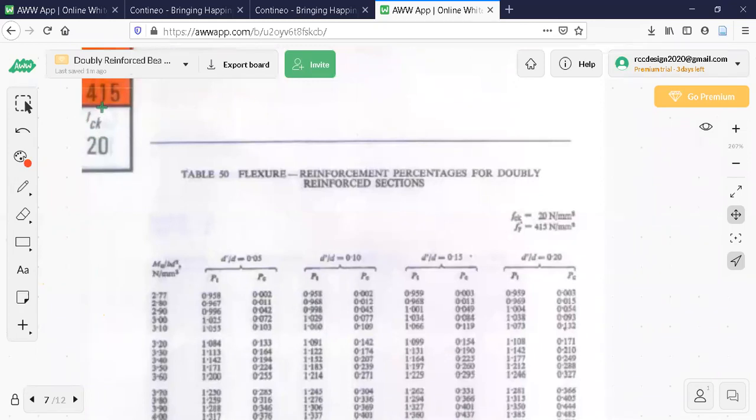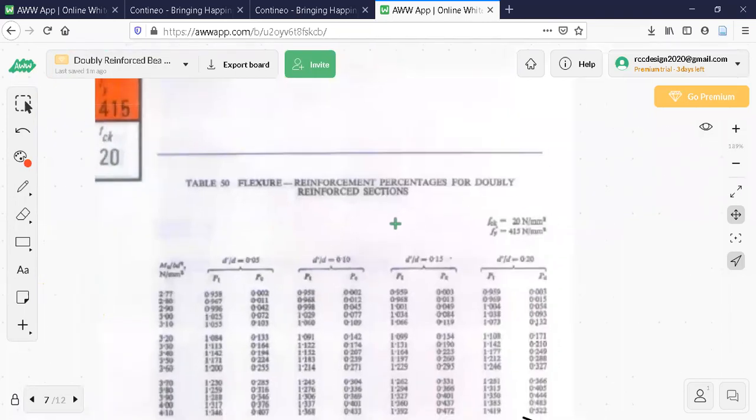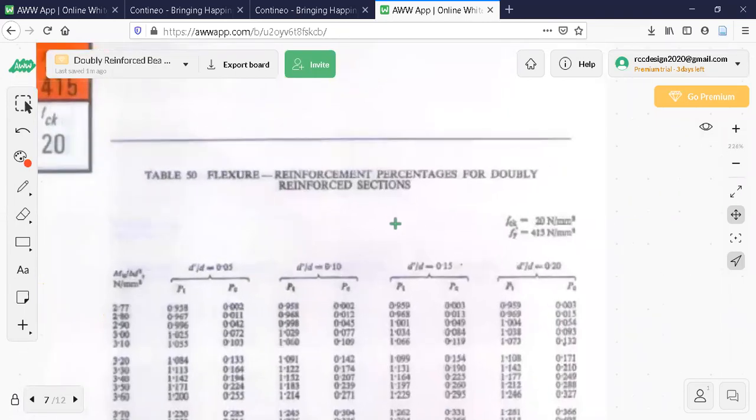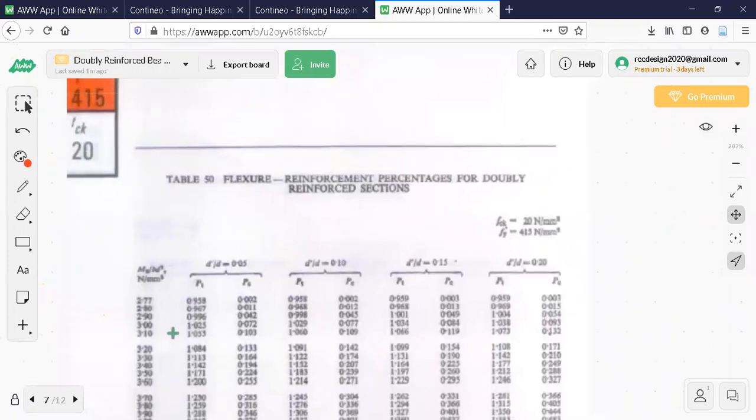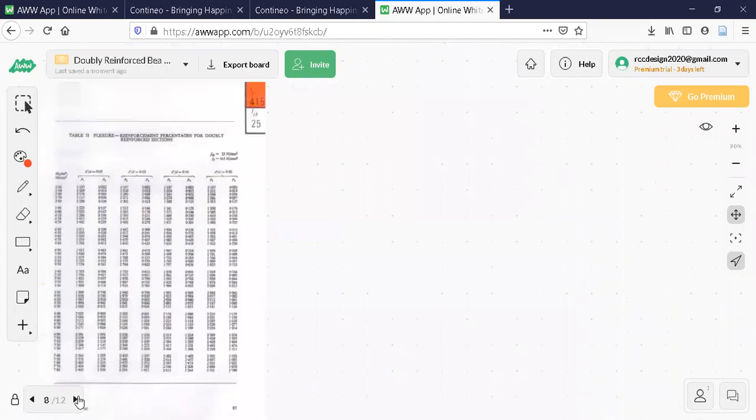So here it is 415 and 20. I have reached this place. Now table 50, because it is a doubly reinforced section. Now the table identification is over. Then how do you find out ASC and AST values? Now observe this.